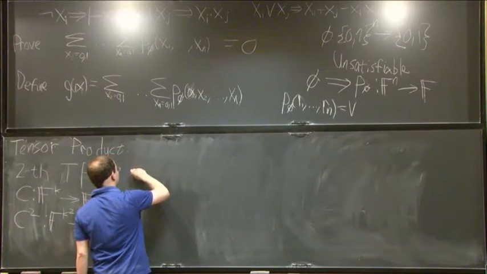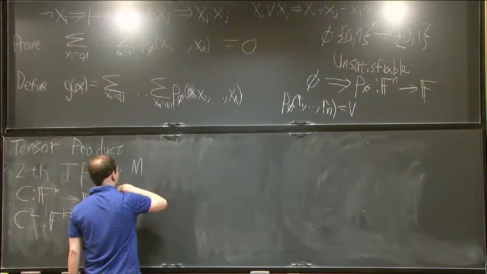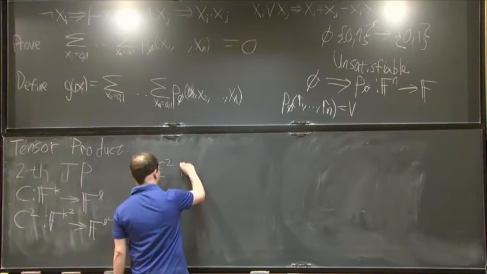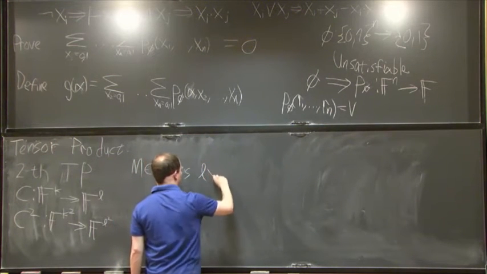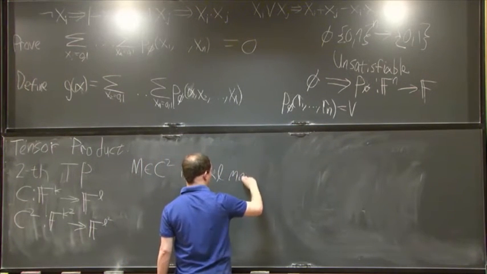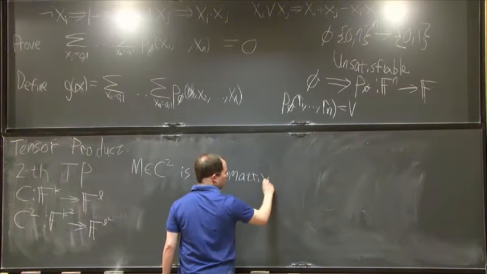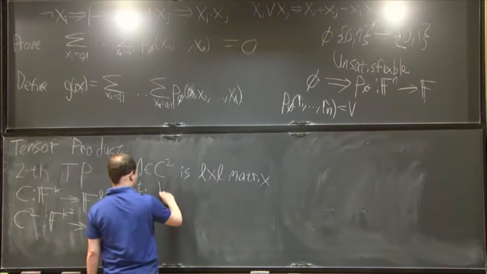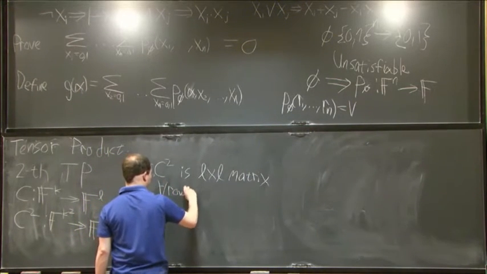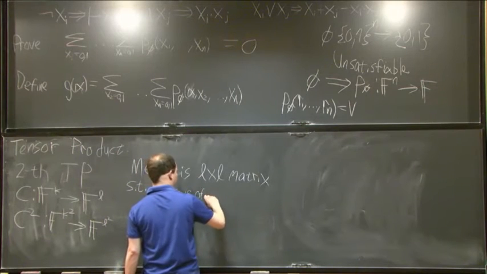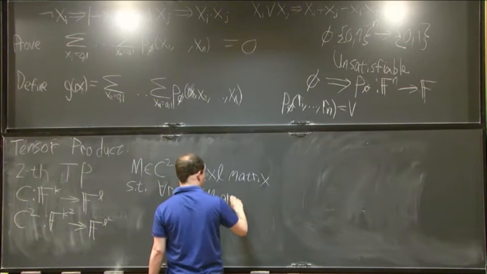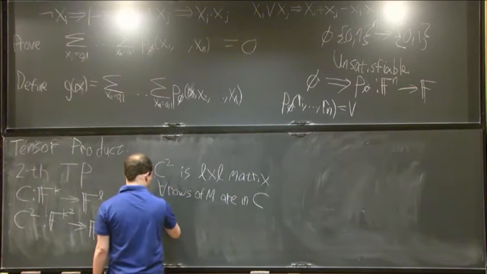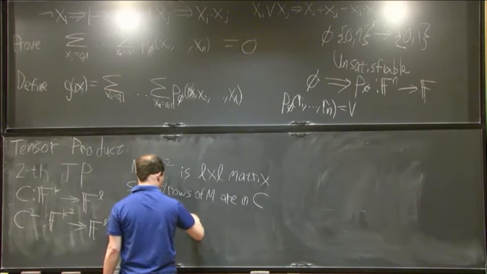So a code word of C squared is an L by L matrix M such that all the rows of M are code words of C, and same goes for the columns.